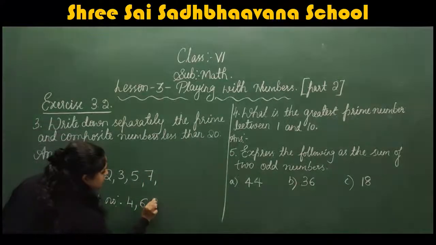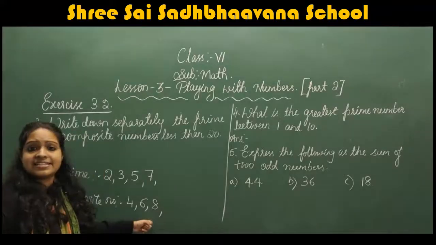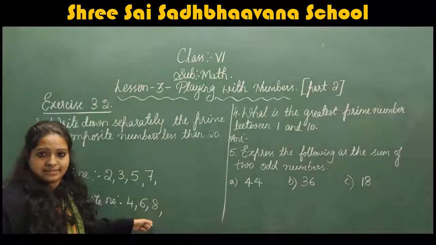8, composite number, because you can find these numbers in more than 2 tables. Right?